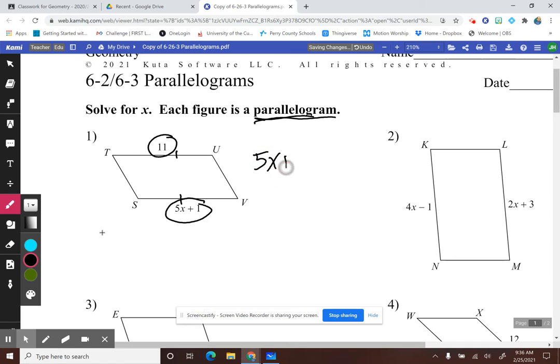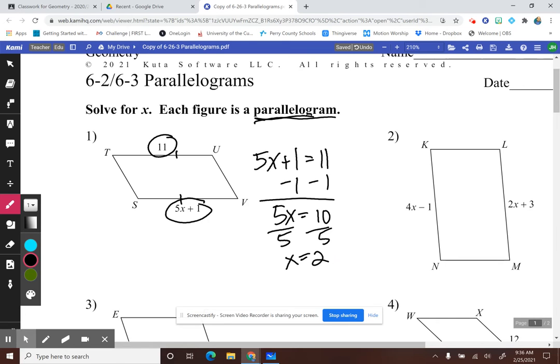So I'm going to have 5x plus 1 equals 11, which means I just need to subtract 1 from both sides, and I get 5x equals 10. And if I divide by 5, I'm going to get x equals 2. And in this case, I'm just solving for x. So that's really all I have to do is just go ahead and solve for x, and I'm done. So my answer would be right here, x equals 2.